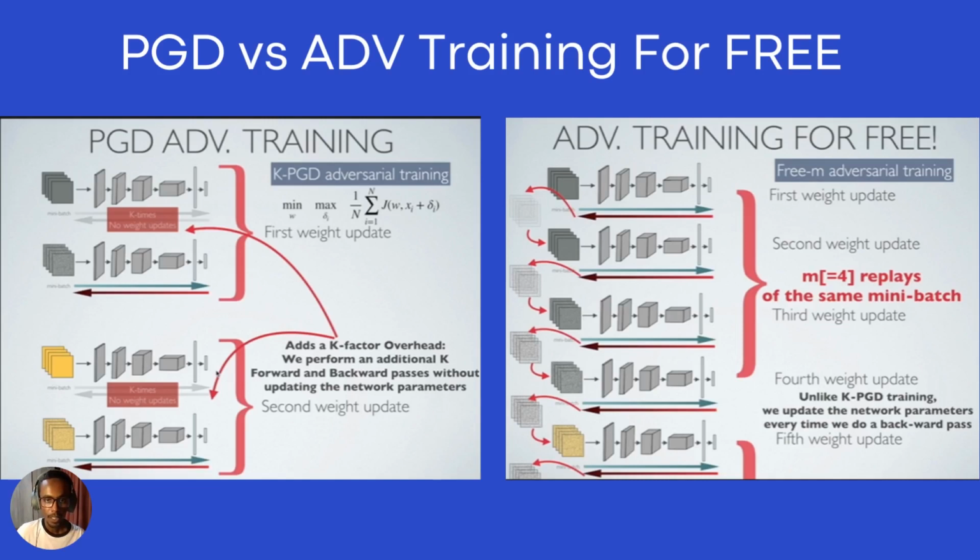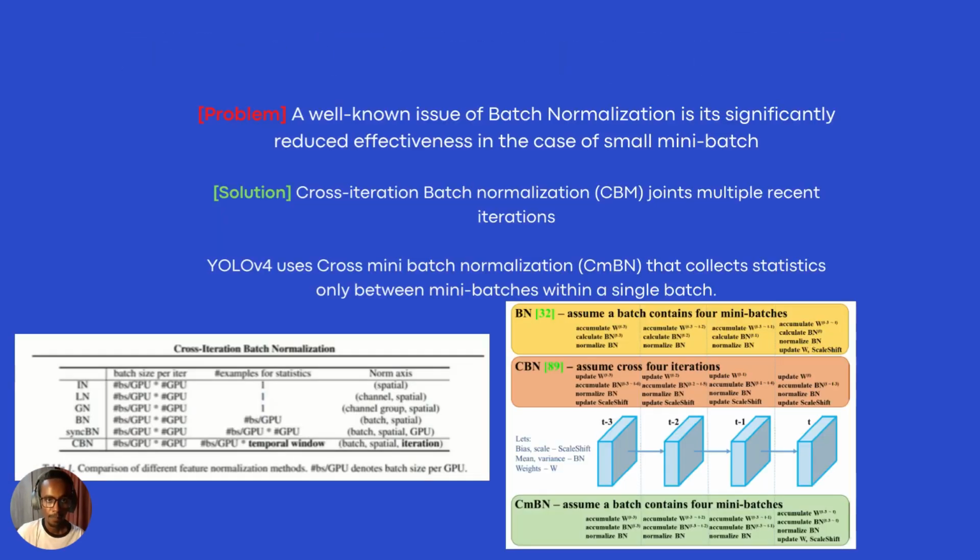So as you can see, the number of repetitions for the same mini batch can be initialized to 4 or other numbers. And here, since we are updating the weights and the perturbations or the changes to the mini batch, we're reducing that overhead.